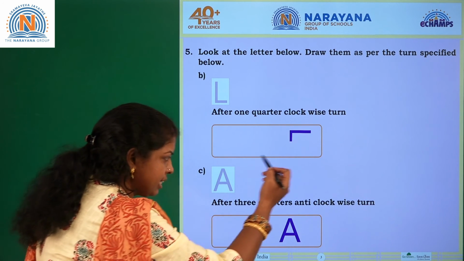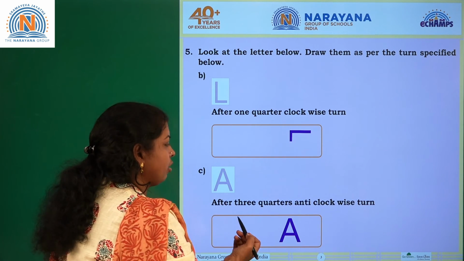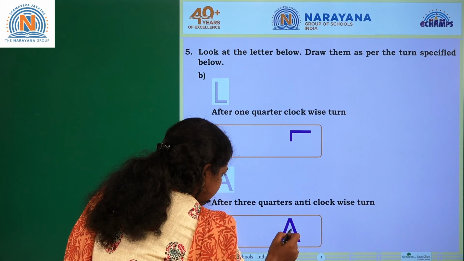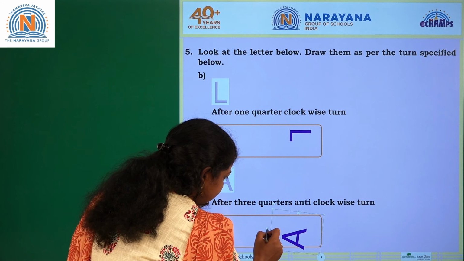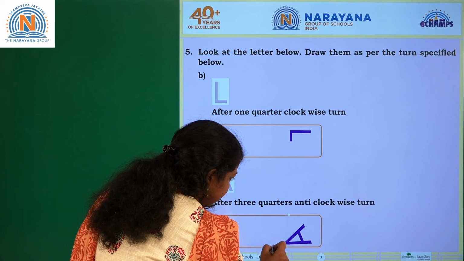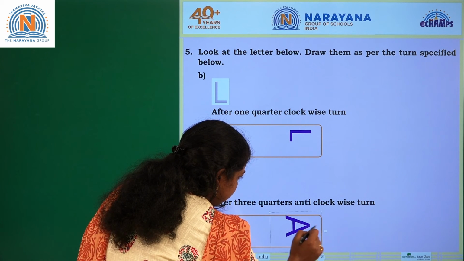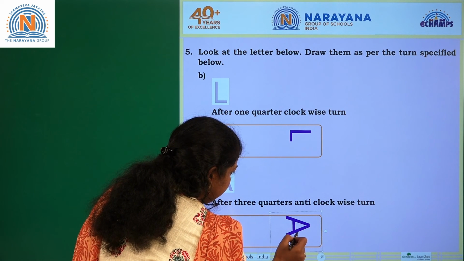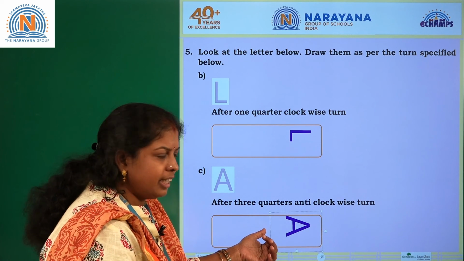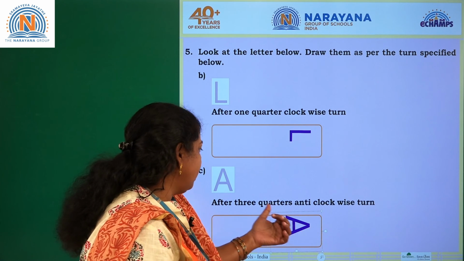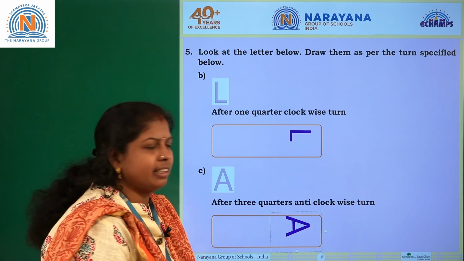However a clock moves, that is clockwise, and if you consider it in the opposite direction, it is anti-clockwise. So I need to turn this A. 1 turn, that means 1 quarter, and again another turn, the 2nd quarter, and this is one more turn. First quarter I have turned it, second and then third. After 3 quarters anti-clockwise turn, A looks like this.